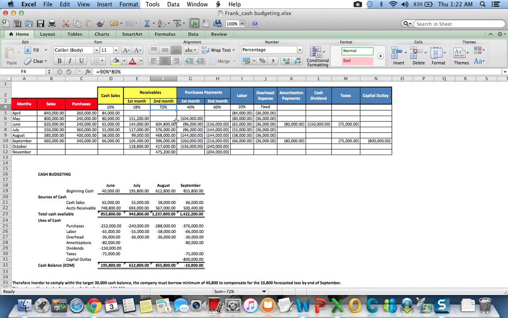That means the collected amount will reflect in the month of June, and so forth. These are the 72% credit sales of each month. These cash sales and credit sales are the sources of cash of Narda Corporation.